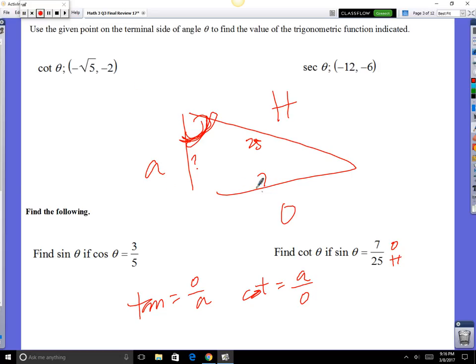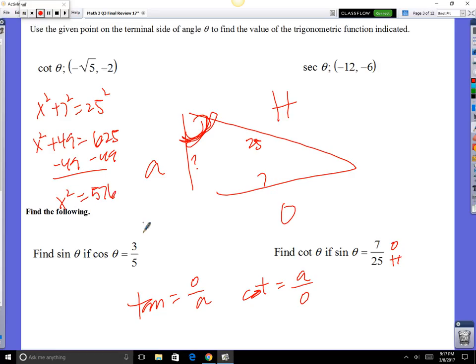So I've got to do the Pythagorean theorem. I'm going to go x squared plus 7 squared equals 25 squared. x squared plus 49 equals 25 squared, which is 625. 625 minus 49, x squared equals 576.